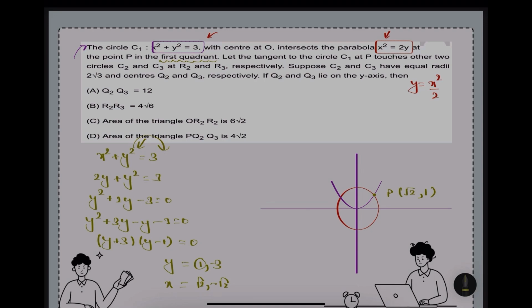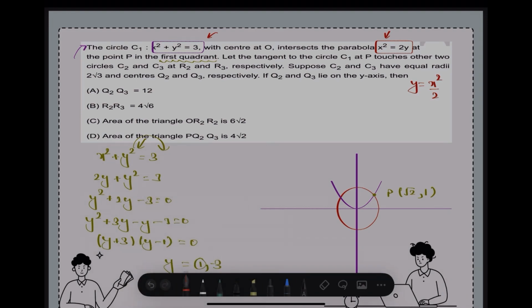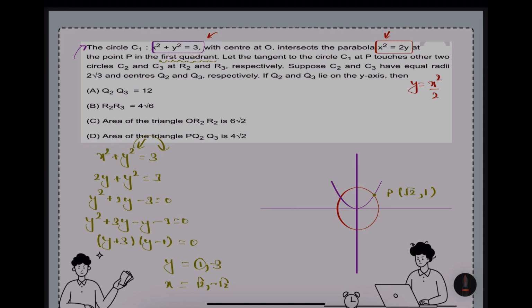Okay, now let's proceed. Let the tangent to the circle C1. So look at this. This was your circle C1, na? So they are talking about the tangent to the circle C1 at P. So at P you have to find out the tangent, correct? And you know that to drop a tangent we already have a point on this curve. When the point is on the curve, how we used to write down the equation of tangent?